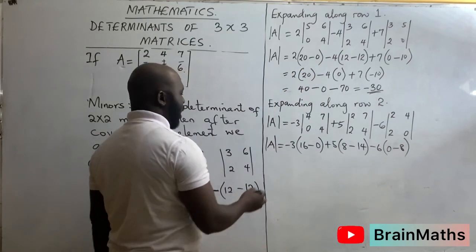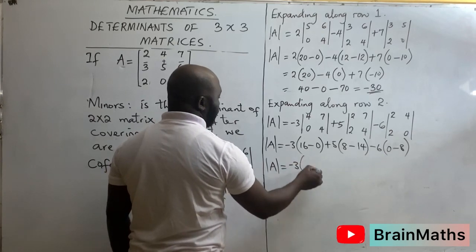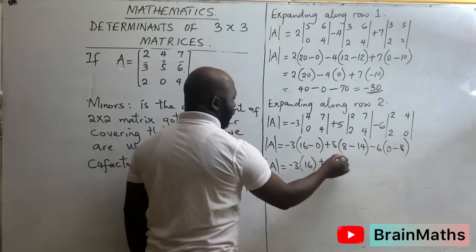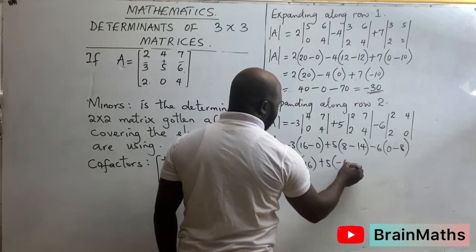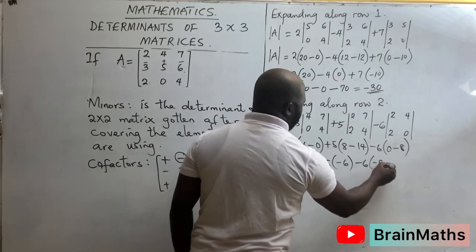Now let's see if we are going to come up with the same answer. Minus 3 into 16 plus 5 into 8 minus that. That is going to give us minus 6. Minus 6 into 0 minus this, minus 8.